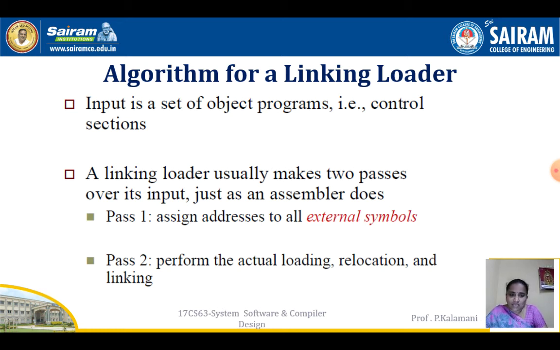To link the control sections, we go for program linking. A linking loader usually makes two passes over its input, just as an assembler does. Pass 1 assigns addresses to all external symbols. Pass 2 performs the actual loading, relocation and linking.